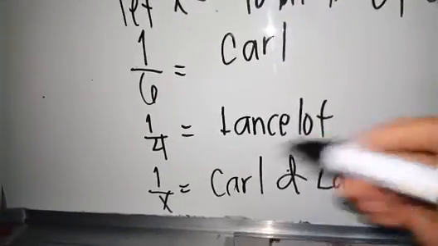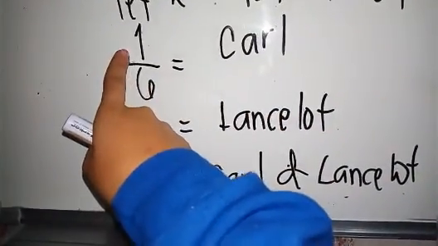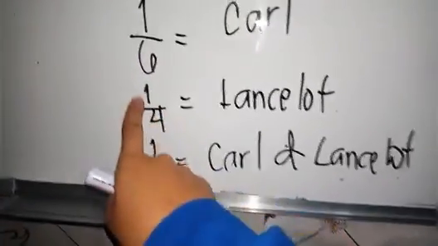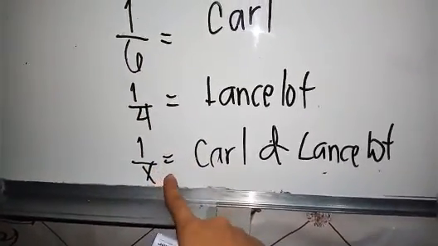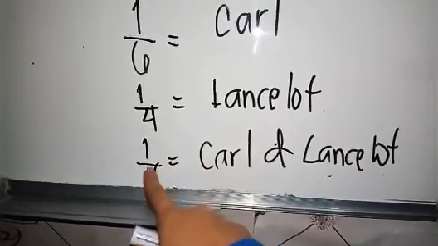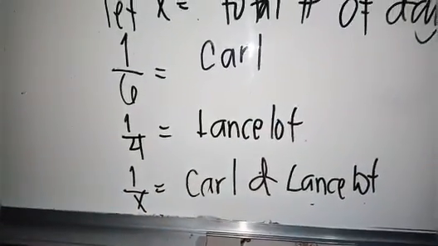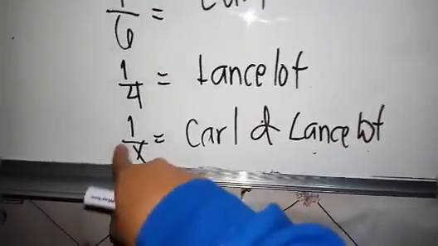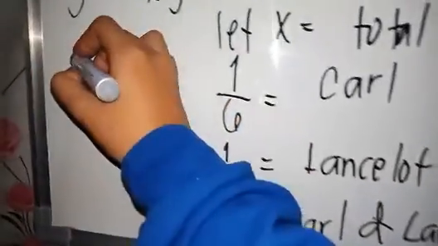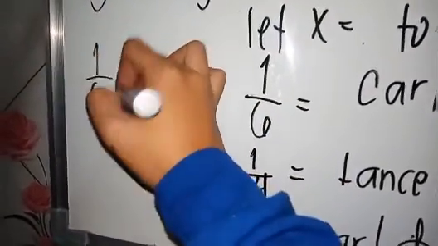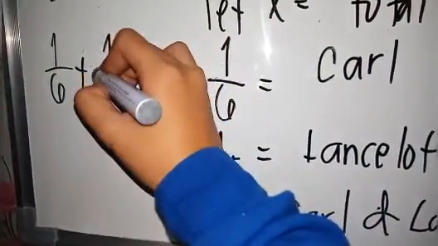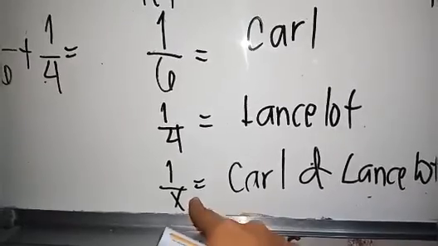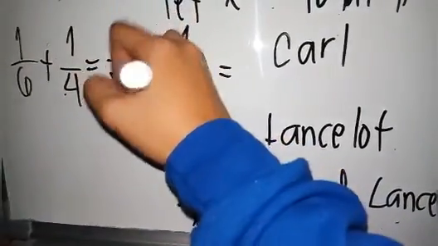I-add lang natin yung work done by Carl and Lancelot, then i-equals natin doon sa work yung nagawa nila together, which is yung ating 1 over x. So, we have 1 over 6 plus 1 over 4 is equal to 1 over x.